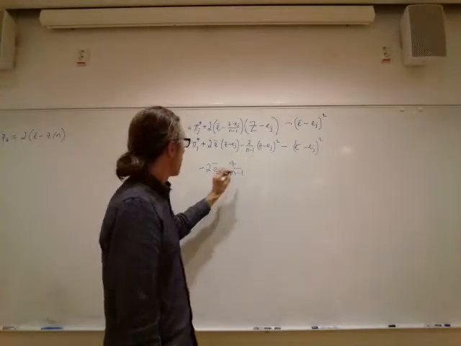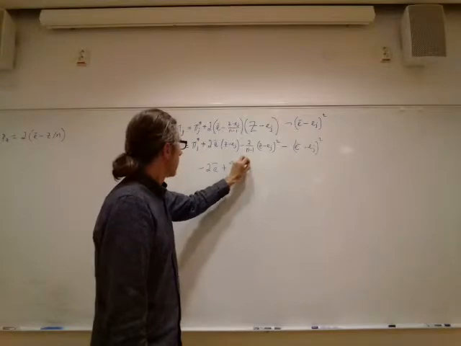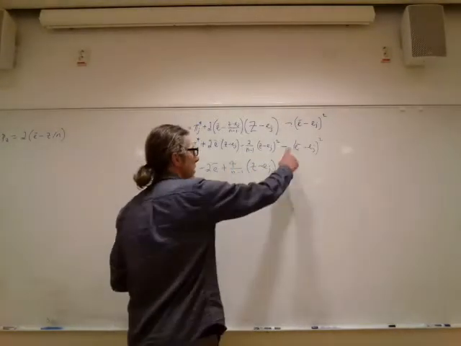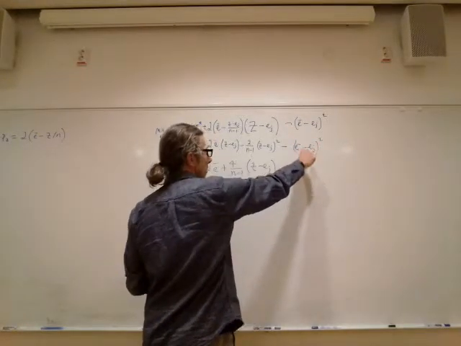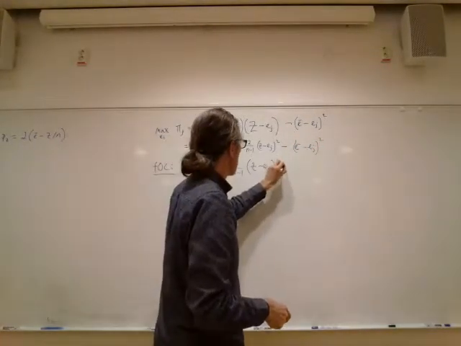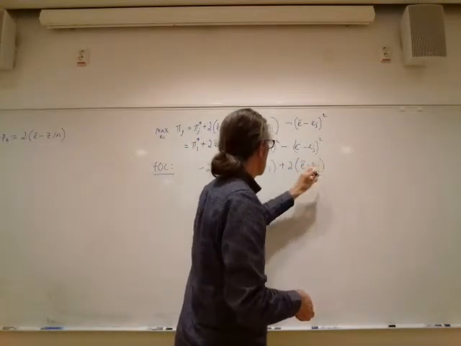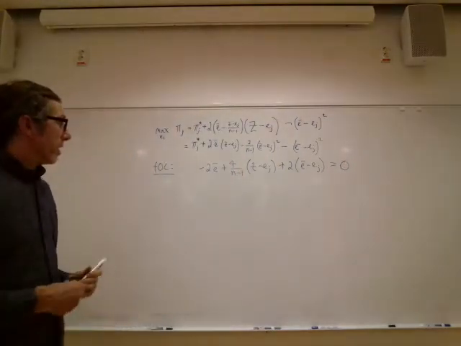Go inside, we get a minus sign, so we get plus 4 over n minus 1 times (Z minus Ej). Differentiate this, we get minus 2 times this. Go inside, we get a minus sign, so we get plus 2 times (E bar minus Ej) equals 0.